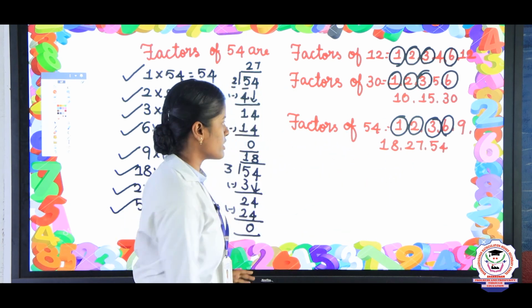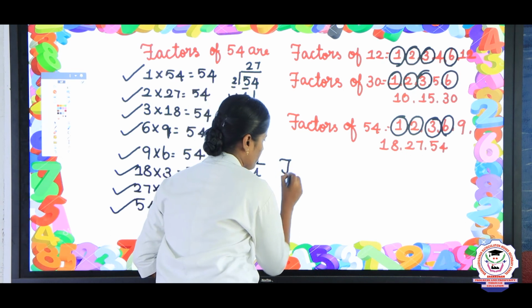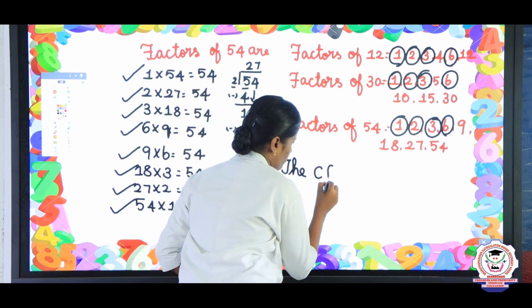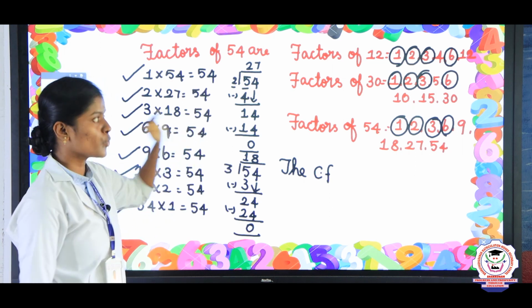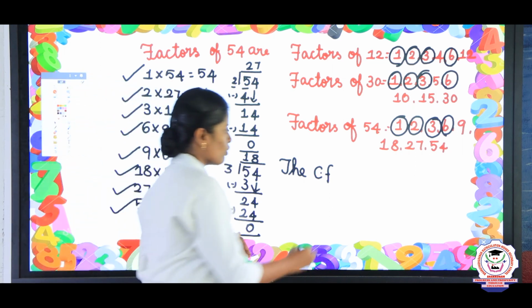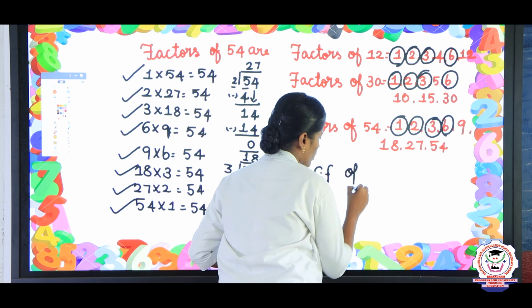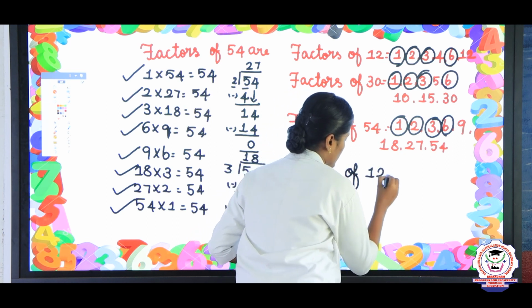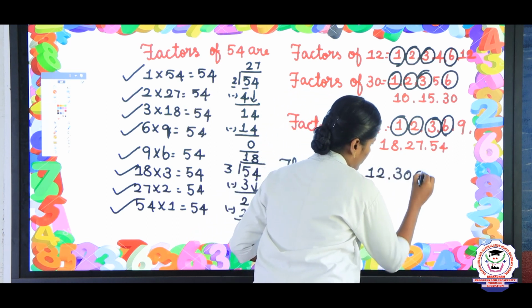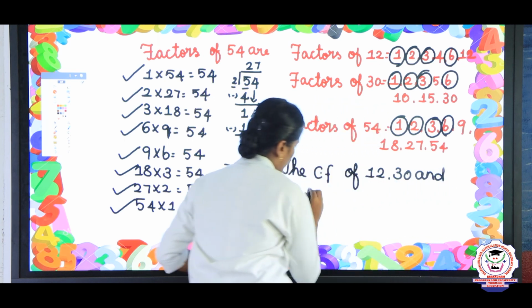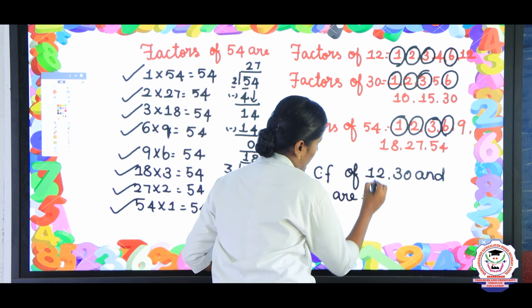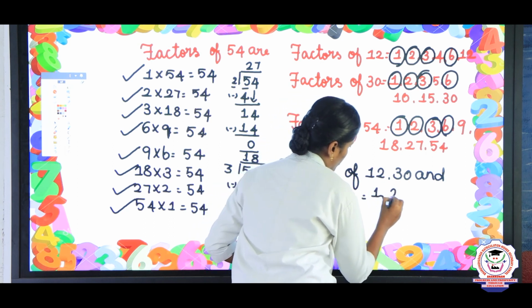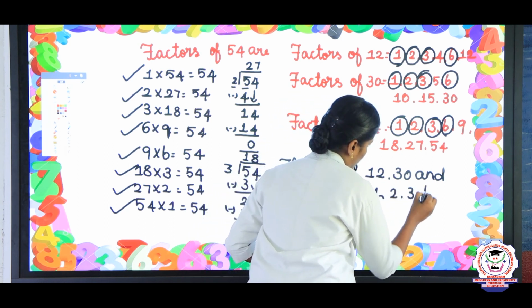So CF means that is common factor. The common factor of 12, 30 and 54 are, what is the answer? The answer is 1, 2, 3 and 6.